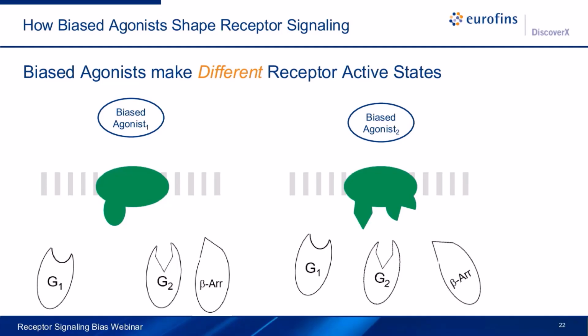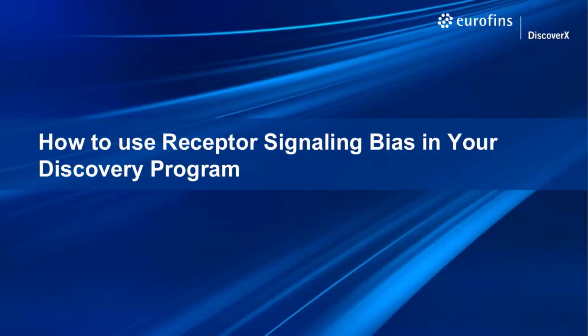So agonist 1 may cause a state that will interact with G1. Here, agonist 2 causes a state that will interact with G2 or beta-arrestin. They're different, and this will cause different patterns of signaling from agonist 1 and agonist 2.